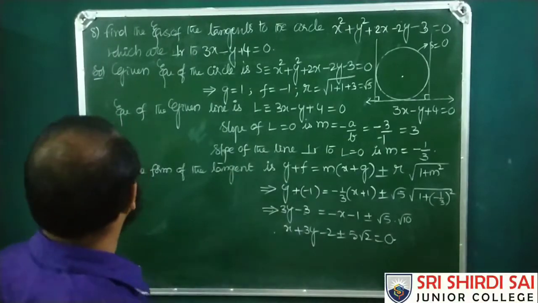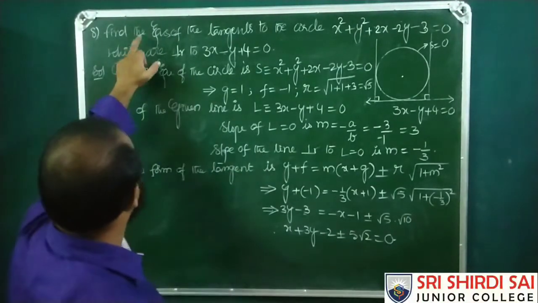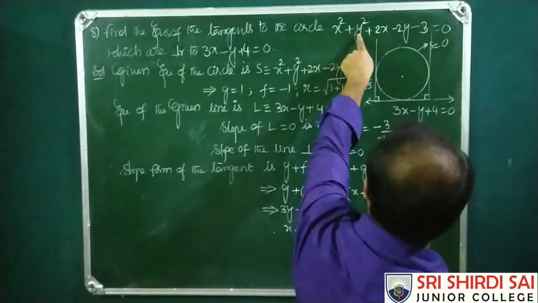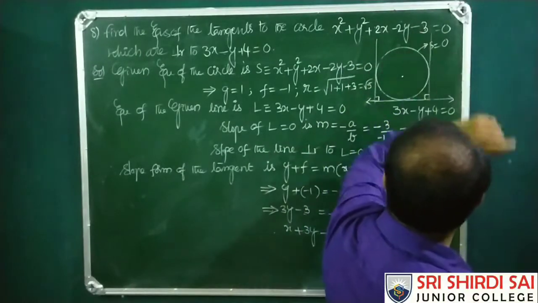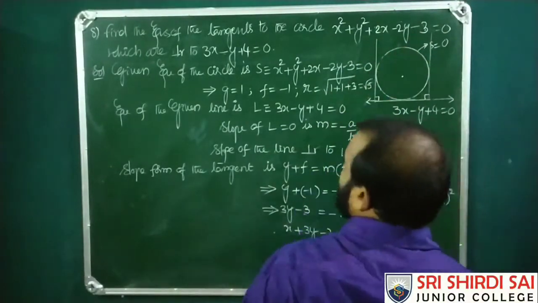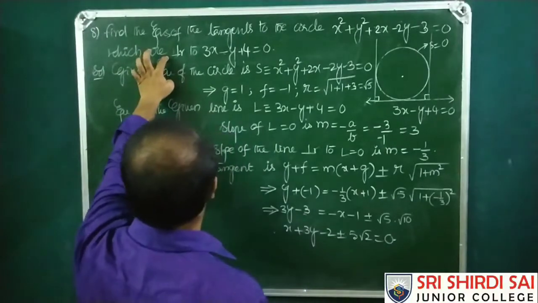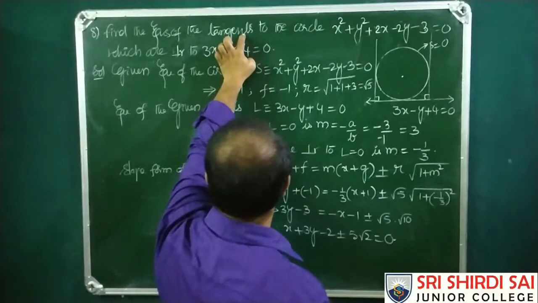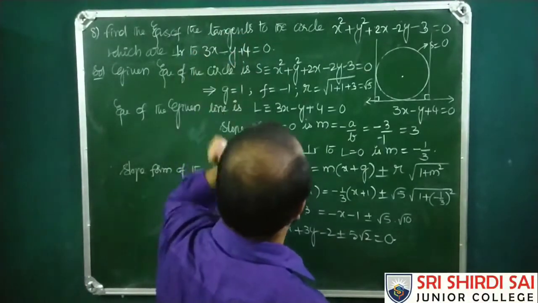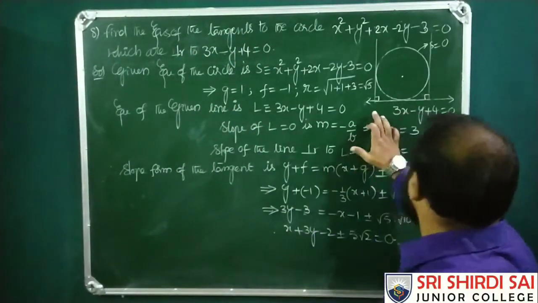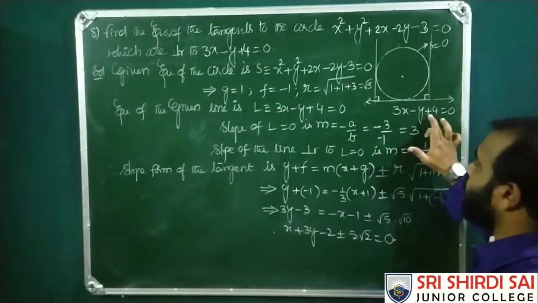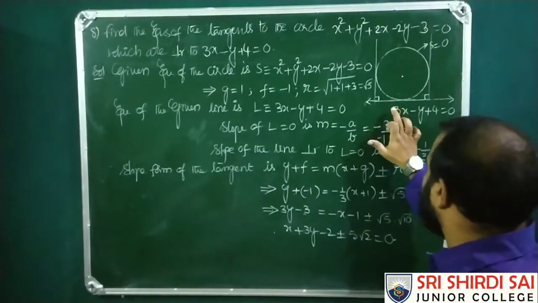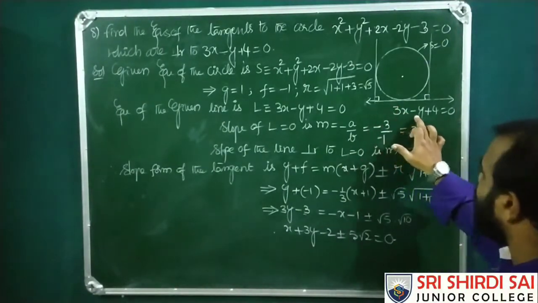The next question is a similar kind of question. Find the equations of the tangents to the circle x² + y² + 2x − 2y − 3 = 0, which are perpendicular to the line 3x − y + 4 = 0.